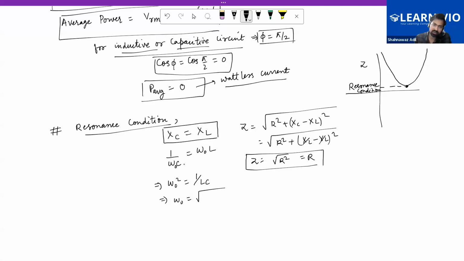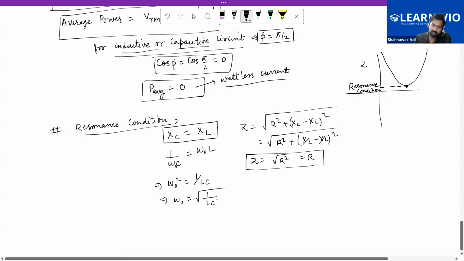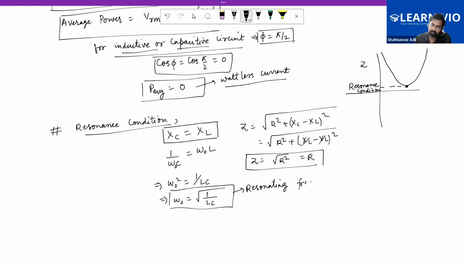So omega naught is 1 over root LC, and this is the resonating frequency, right? So these are the important terminologies for the AC current.